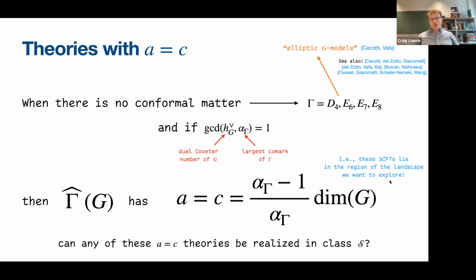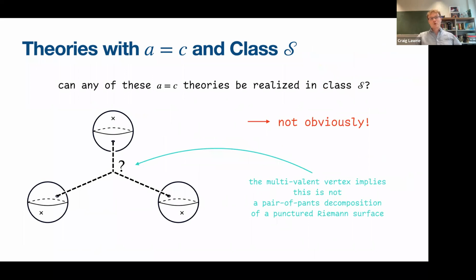Okay, so I told you a lot about class S earlier, so I'm sure you're interested in the answer to the question: are these theories inside of class S? Well, the answer is it's not so obvious, and the reason is as follows. Theories in class S can be written by taking 3-punctured spheres and gluing them together along the punctures.